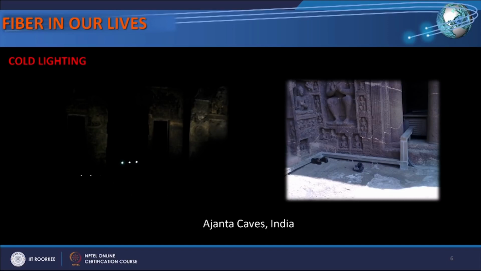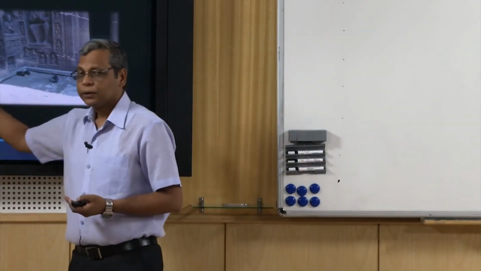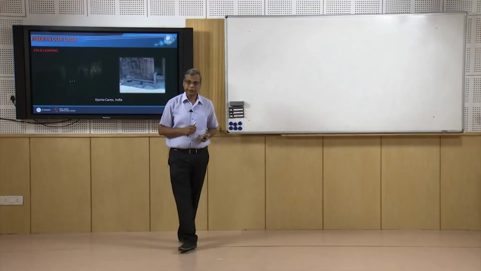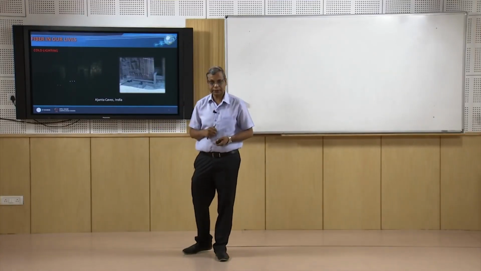You can see the blazing light coming out of fiber bundles and the whole structure is illuminated. In this way, you can transport only light through optical fibers but not the heat. So your artworks are protected.